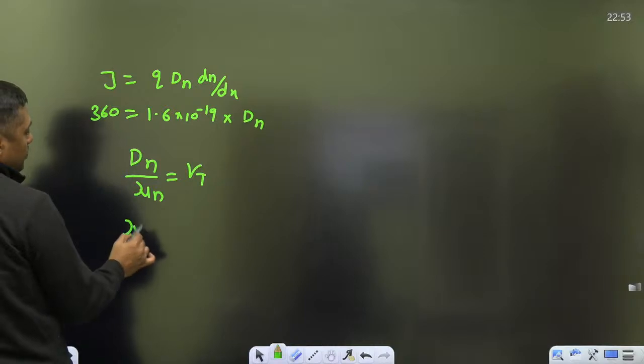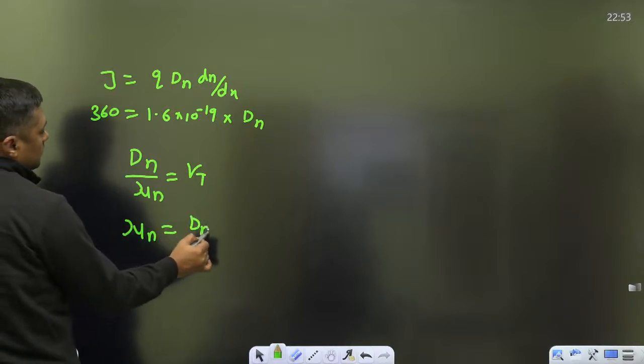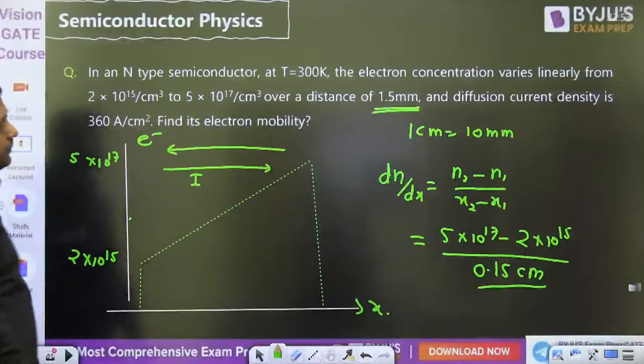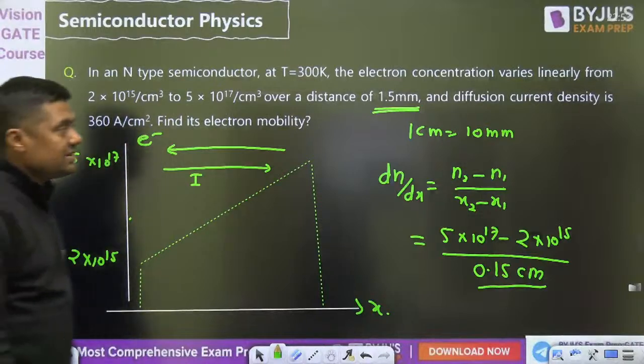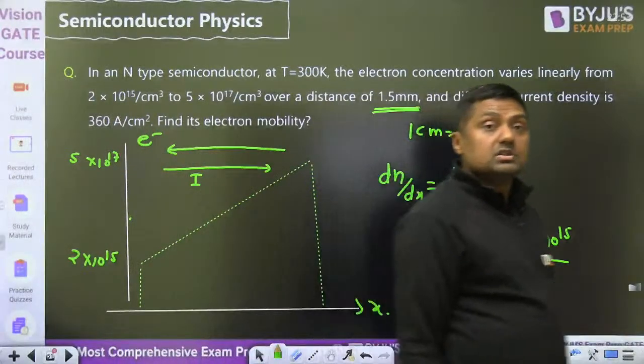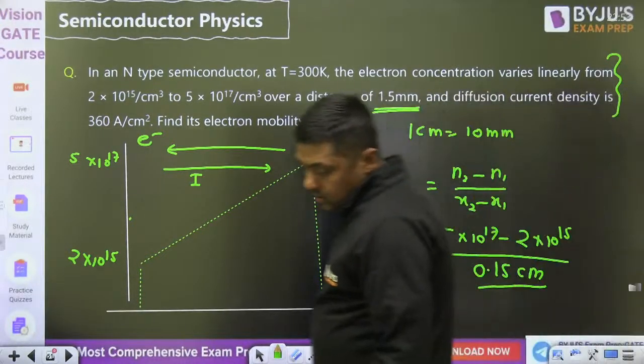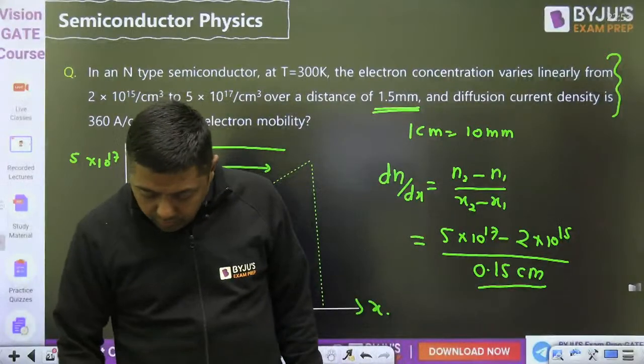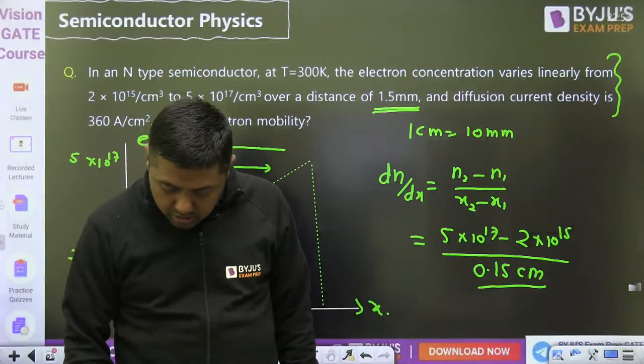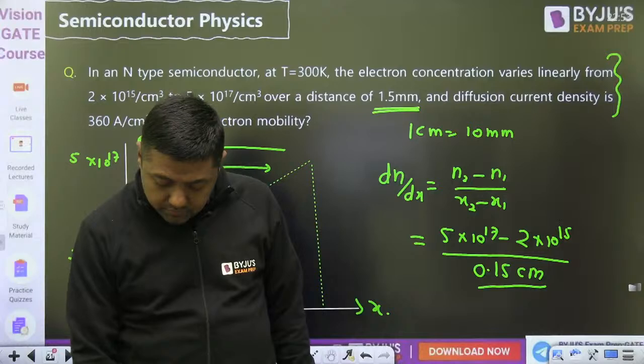You can find mu n, the mobility of the electron. Easy? So this is a 2-mark question. This type of question we get from the diffusion formulas, guys. So I think now you are getting an idea of the different types of questions they will ask from this.